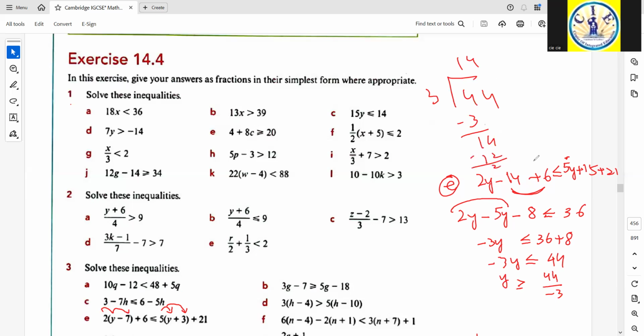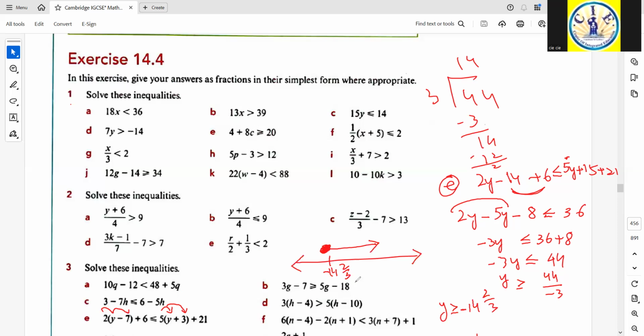So y is greater than or equal to negative 14 whole 2 by 3. Now, this is how it is to be done. On the number line, you can have negative 14 whole 2 by 3, this one, and the values of y are greater than that. So this is how it is to be done.